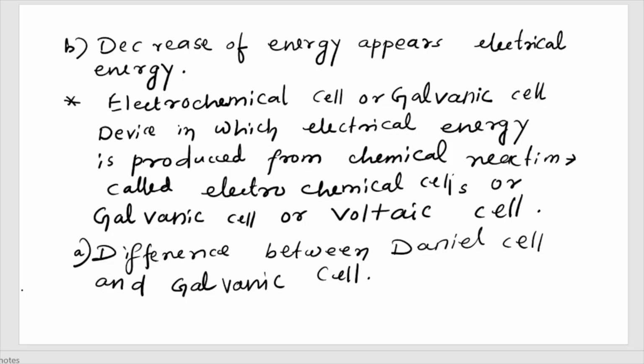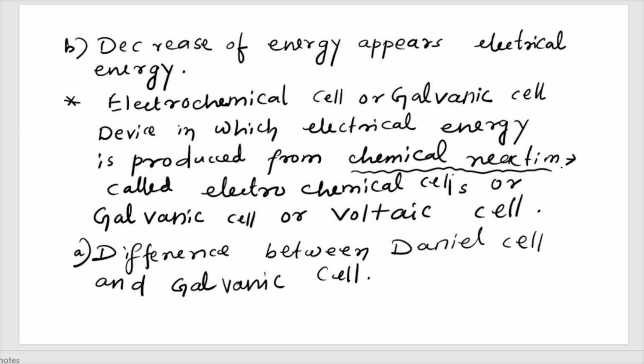Then what is meant by electrochemical cell or galvanic cell? Try to know what an electrochemical cell is. It is a device in which electrical energy is produced from a chemical reaction. This is also called a galvanic cell, and it is an electrochemical cell, because electrical energy is produced from the reaction.